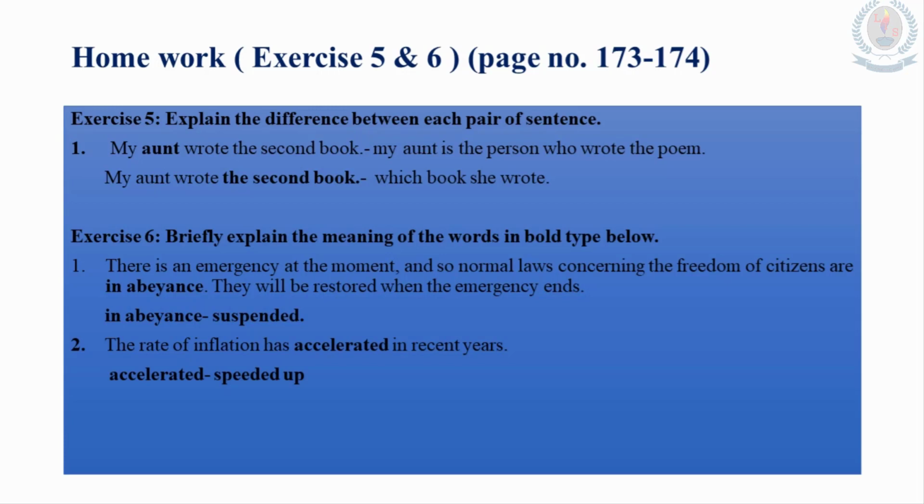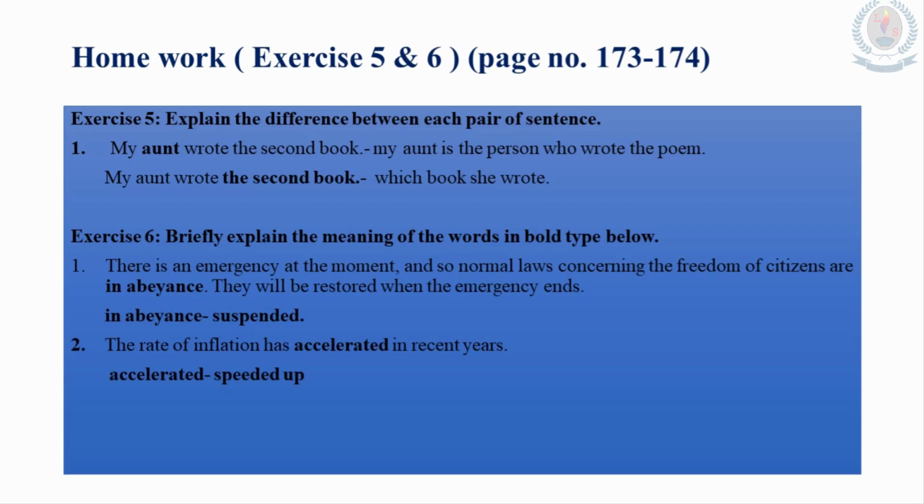They have given the same sentence but bolded, so you have to describe the difference. Number 1, my aunt wrote the second book, and under that the same sentence is given. In the first sentence, aunt is bolded. In the second one, the second book is bolded.